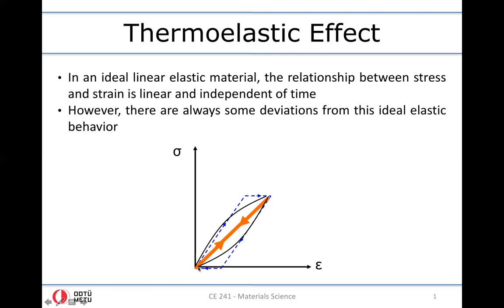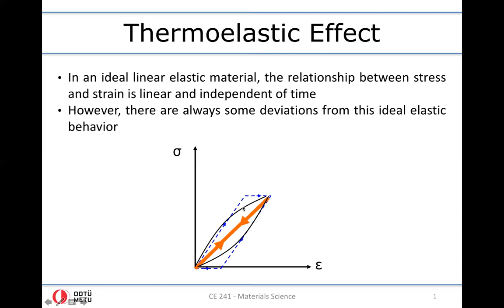When you deform material at a rate which is extremely fast, so that the material doesn't have any time to exchange any thermal energy with the environment, the stress strain curve essentially looks pretty much like a dashed blue curve. And then we observe that the deviation is higher compared to the black one.